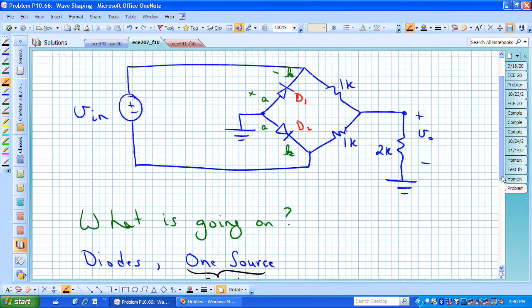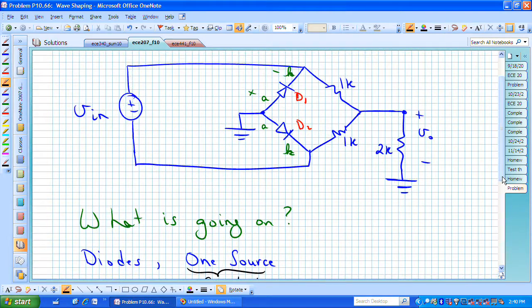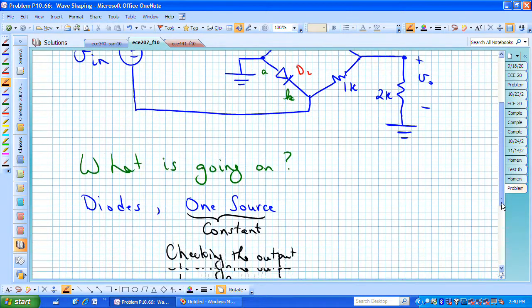What we should really think of is Vn is simply a constant. Maybe that's a -2, maybe it's a +4. We want to know, if it is fixed at +4, what does V out look like?